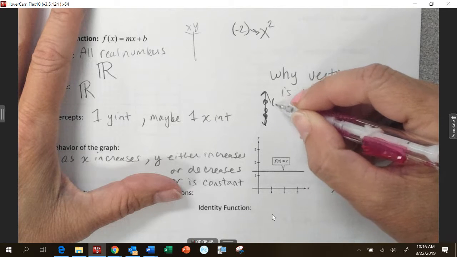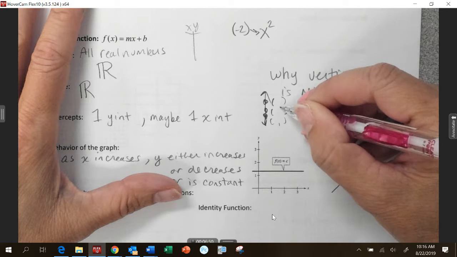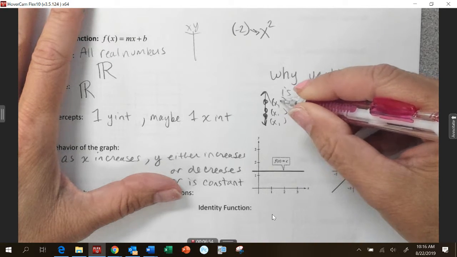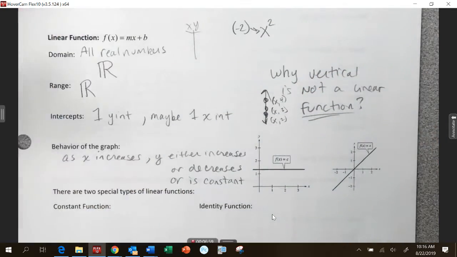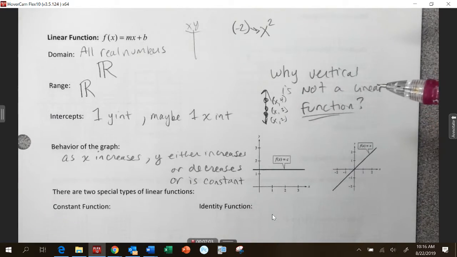They're all the same. For example, x, x, x, and then the y's could be like 4, 3, 2. They're all the same, so that is not a function. It's not so much that it's not a line, it's just not a function. Okay. And we're talking about functions.